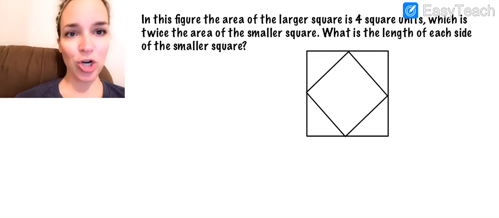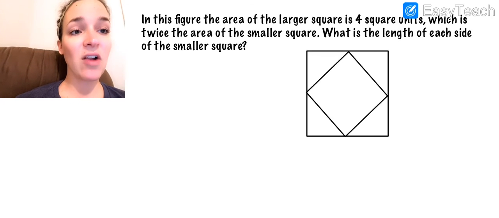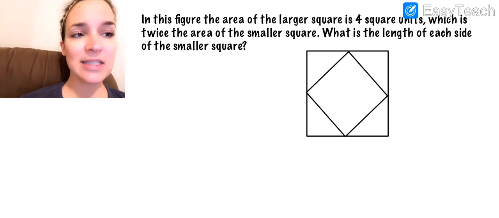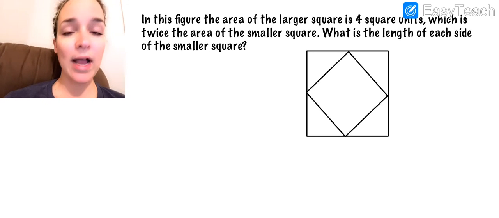All right, so let's look at the next one. This one's a little longer, so let's read carefully and think through it. In this figure, the area of the larger square is 4 square units, which is twice the area of the smaller square. What is the length of each side of the smaller square? So again, keywords.